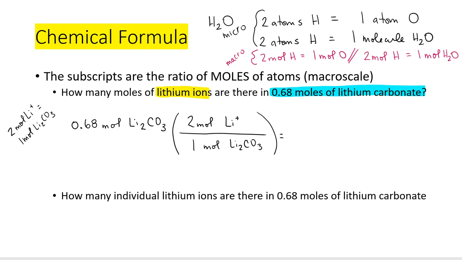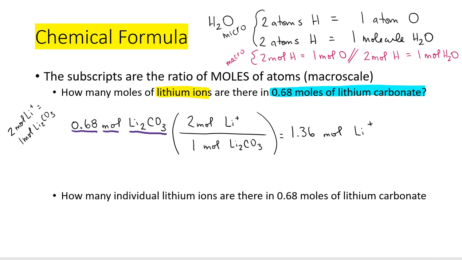So 0.68 times 2 is 1.36 moles of lithium ion. And I'm going to really emphasize this because it is crucial. We have a number, a unit, and a label. Don't lose these things. You need to have numbers, units, and labels in order for all of this stoichiometry to eventually make sense.